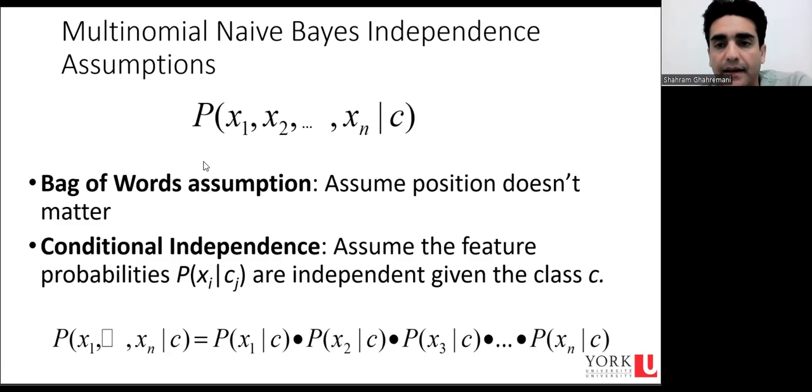The second assumption we are going to make is that the different features, x1, x2, x3, have probabilities that are independent given the class. So whether one feature occurs given the class or whether another feature occurs given the class are independently going to be true.